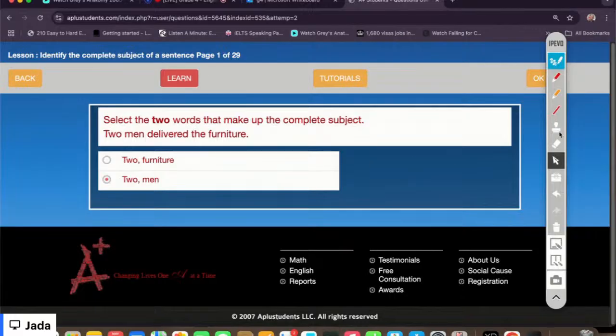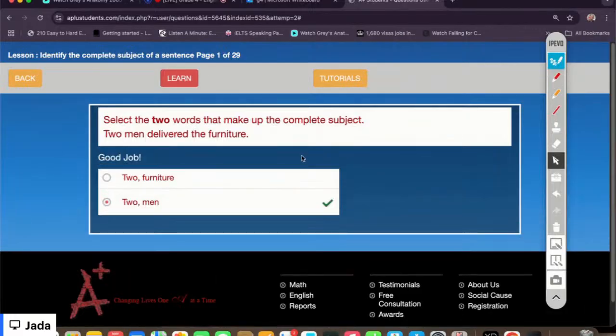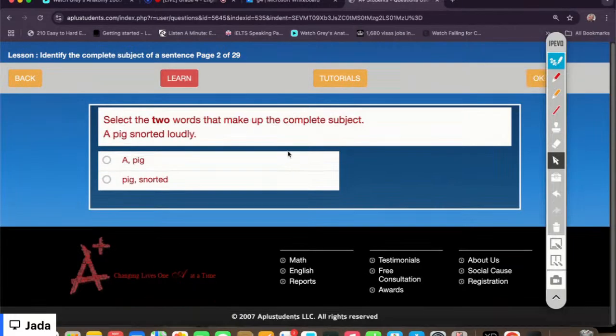Alright, so we have two men as the subject. Select the two words that make up the complete subject. A pig snorted loudly.